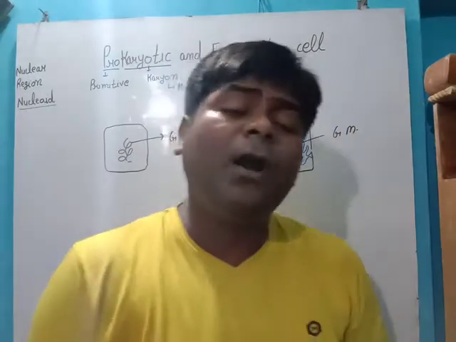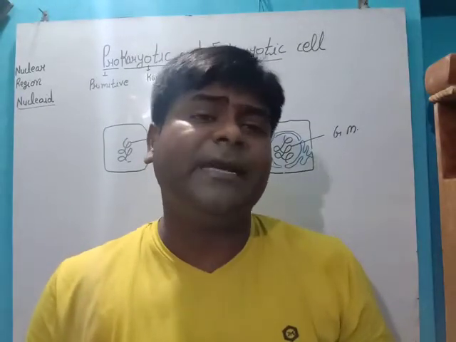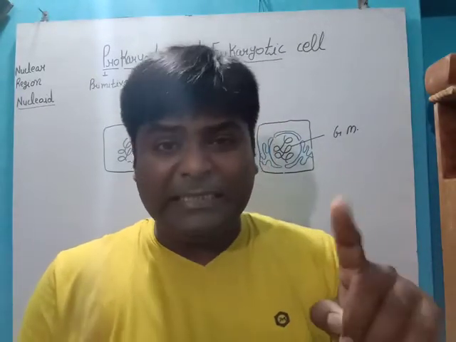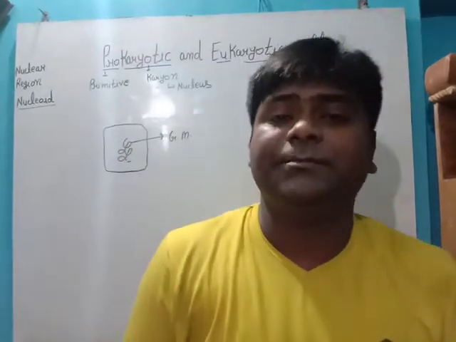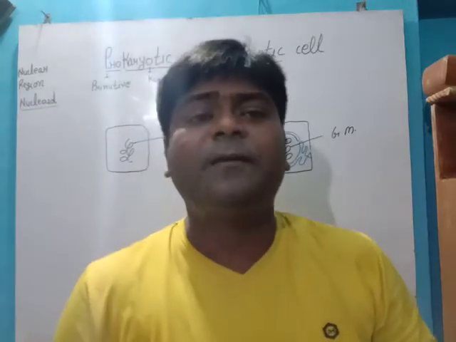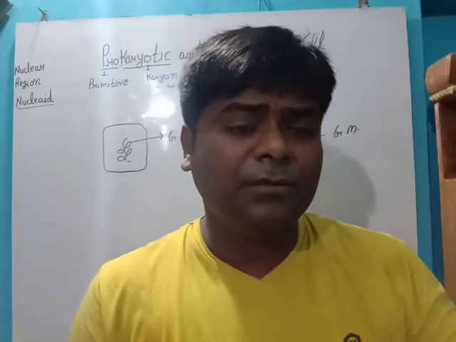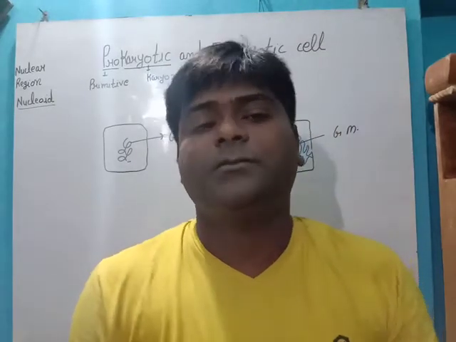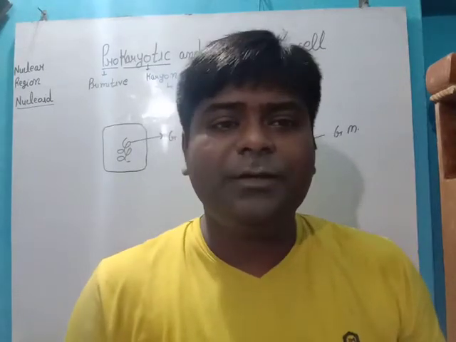Whenever we do not have any kind of membrane around the genetic material, this is known as the primitive condition, not developed condition. And whenever we have such conditions, it is known as a prokaryotic cell. Have you understood, everyone?